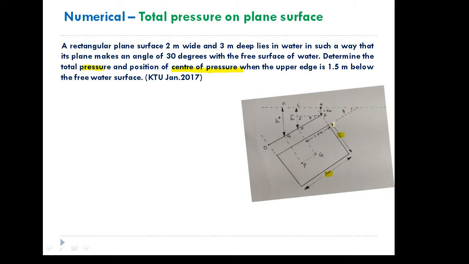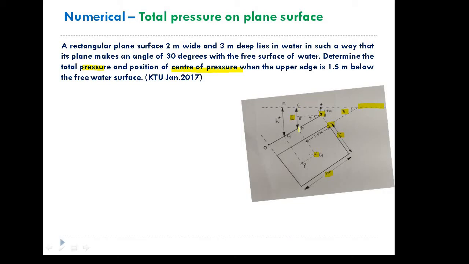And this is the upper edge, which is at a distance of 1.5 meter from the free surface. This dotted line represents the free surface of water, and this angle is theta. Then G, as you know, is the center of gravity, which is at a vertical distance h bar from the free surface.